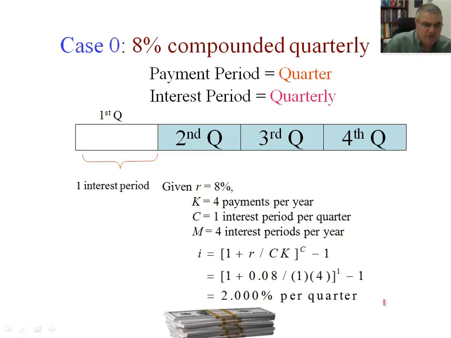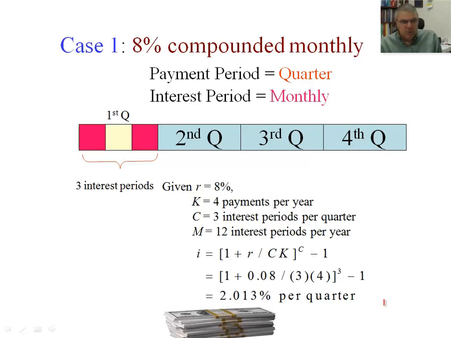Or we could have simply divided 8 by 4, since the payment period and interest period are the same, and we would get 2% per quarter. That was perhaps a more straightforward answer, but I avoided that because of what you will be seeing shortly.